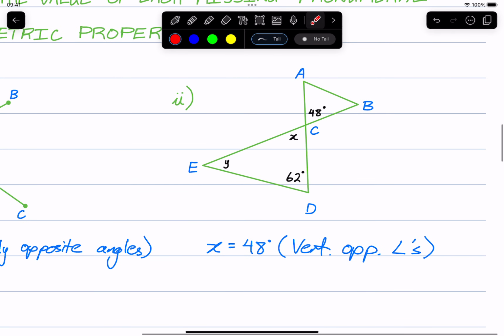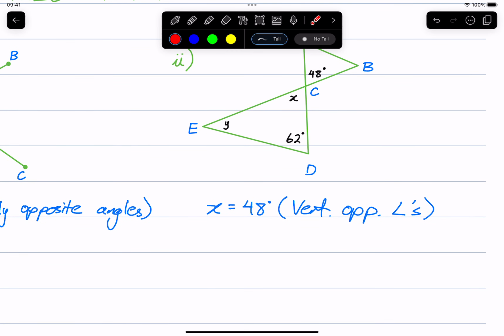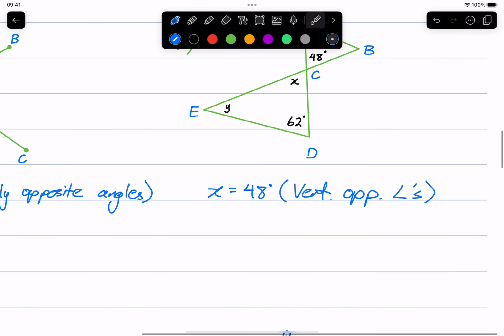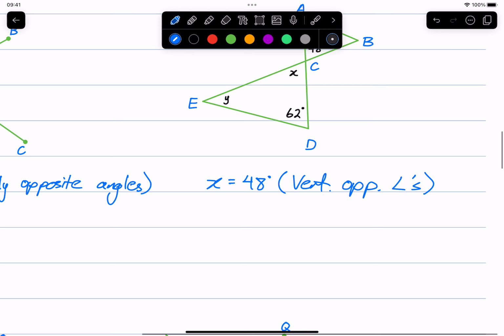Now, we're not done with this particular question because it's easy to recognize the vertically opposite angles there, but now we have to try and figure out what y is. I hope you can see that we are actually required to use prior geometric reasons. If you can see that this is actually a triangle, so it must be the case that the angle sum of this is equal to 180 degrees.